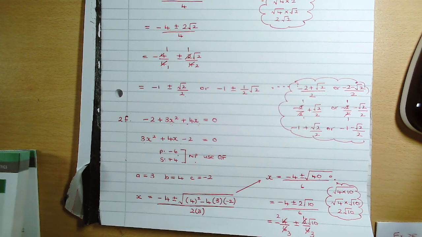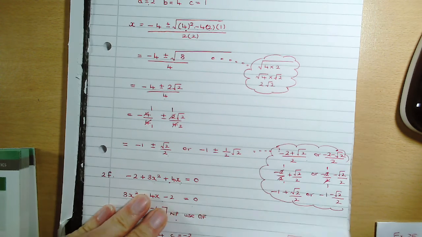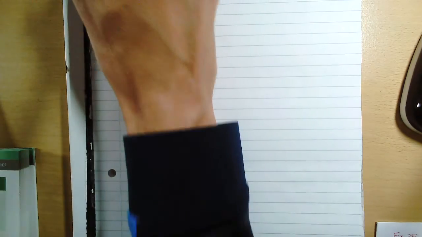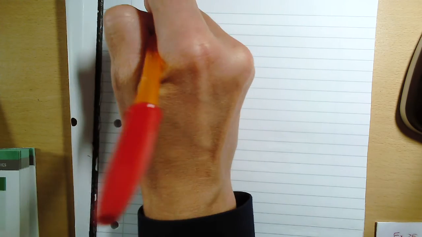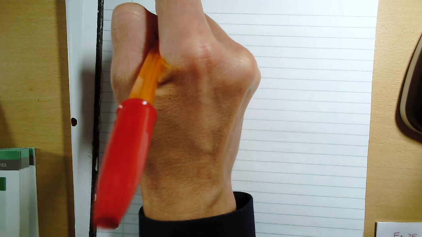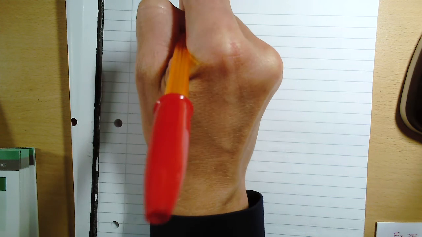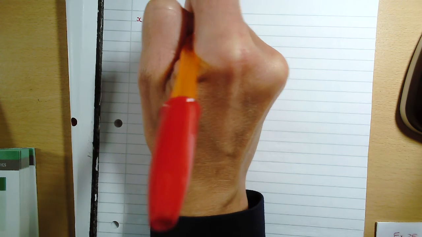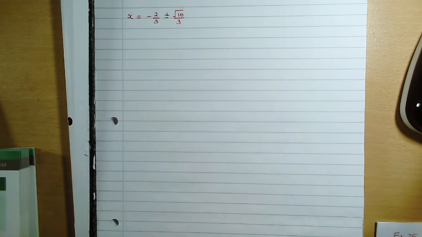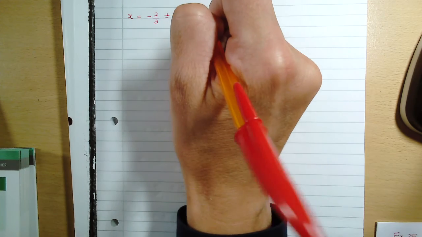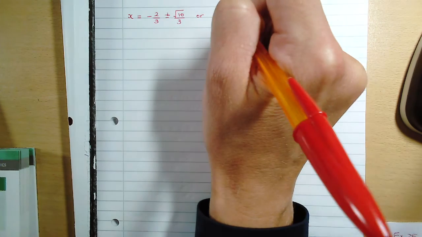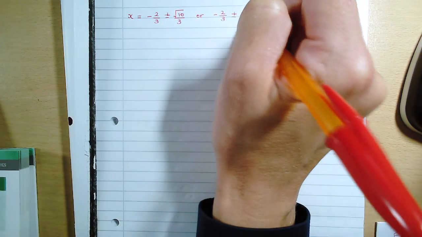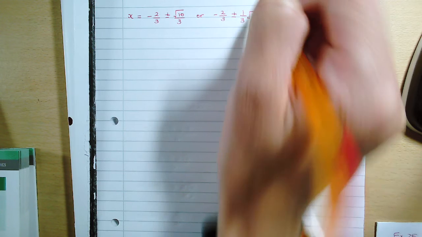So if we tidy that up, x is equal to -2/3 plus or minus root 10 over 3. So you could write it like that, or you could write it as -2/3 plus or minus 1/3 root 10. You could also write it like that.